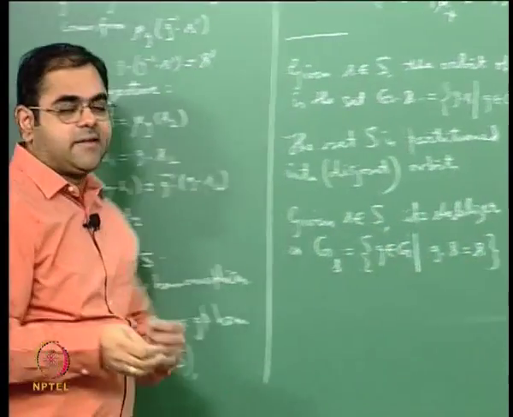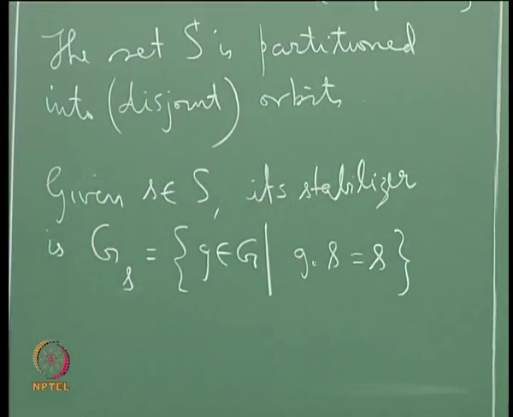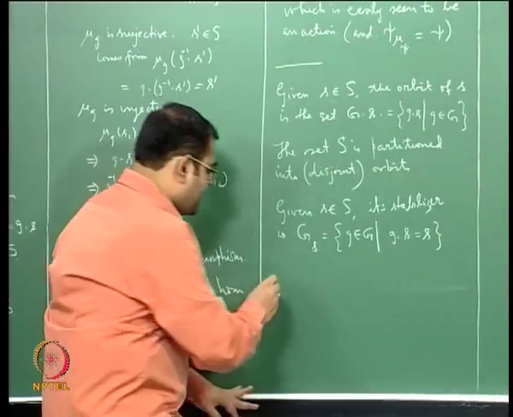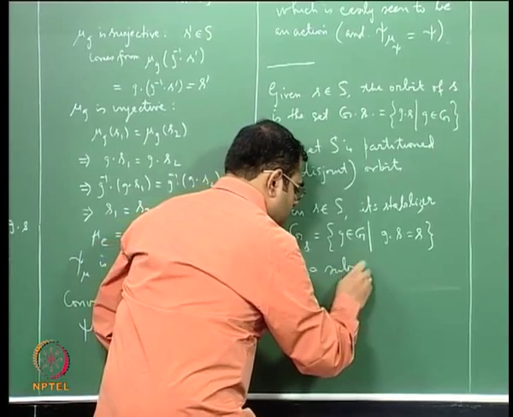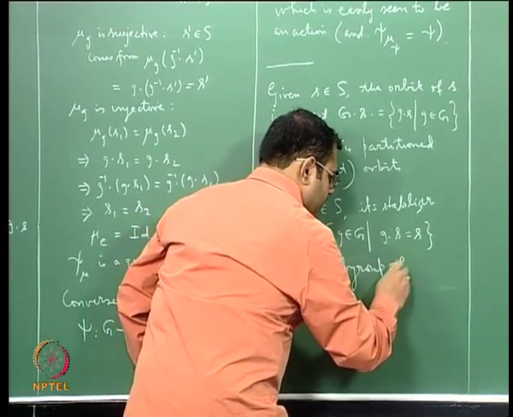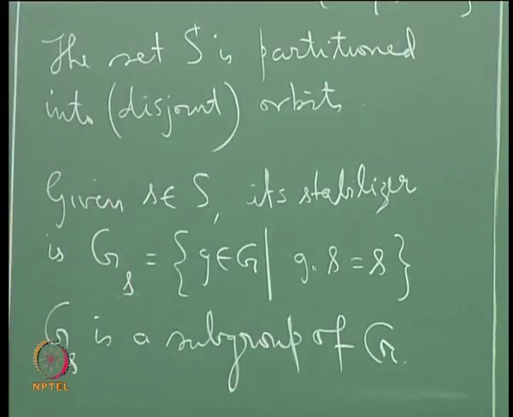So these are exactly the elements of G which do not do anything to that given element, which fix that element. And you can check that G sub s is a subgroup of G.